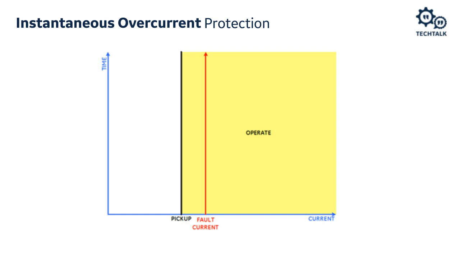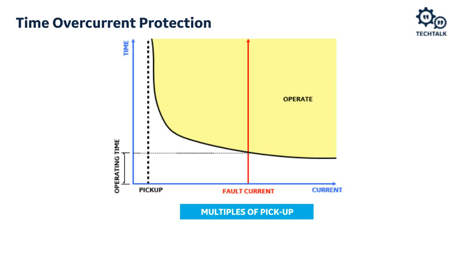The other type of protection that we will employ is time overcurrent protection. So in time overcurrent protection, what we will do is pick a curve, like the curve that we see here, and then that curve setting will be a protective setting inside of the relay, and there will be a pickup setting.